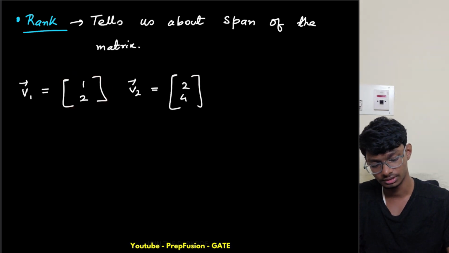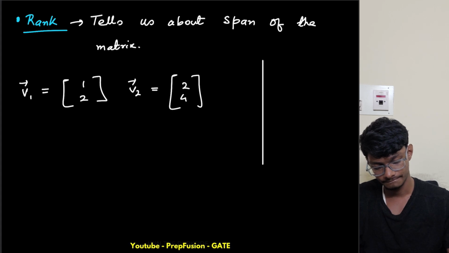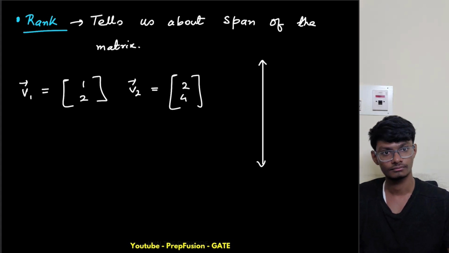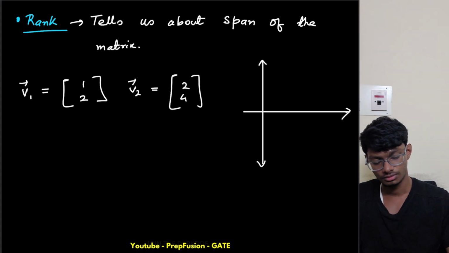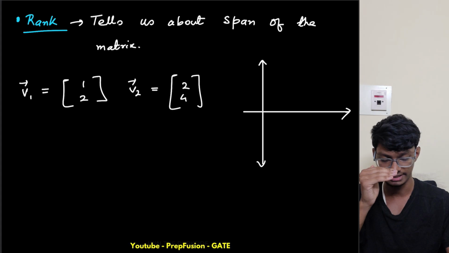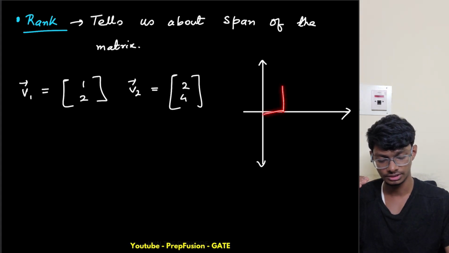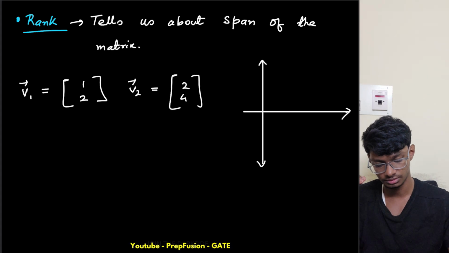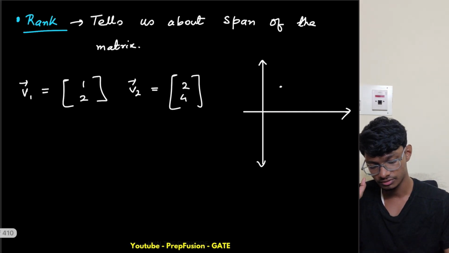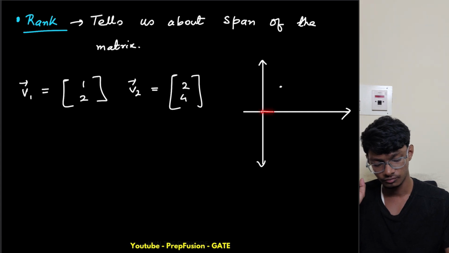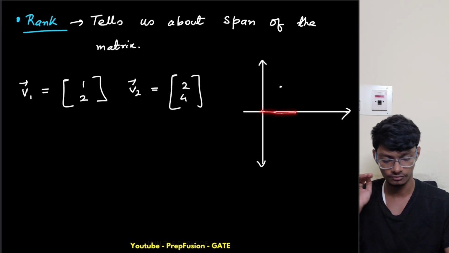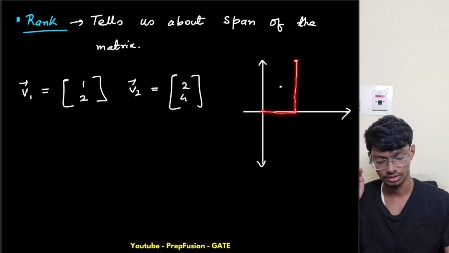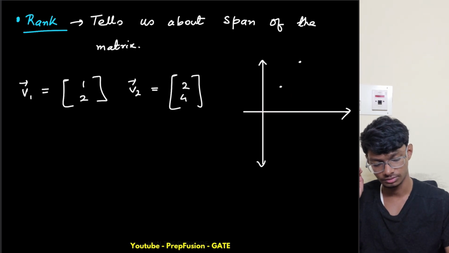So let me draw the vectors here. The first vector is going one unit in the i cap and then 2 units in the j cap, so I will mark somewhere around here. For the other one, I'm going 2 units on the i cap and 4 units on the j cap, so I will mark somewhere around here.